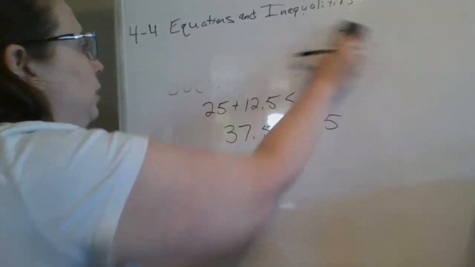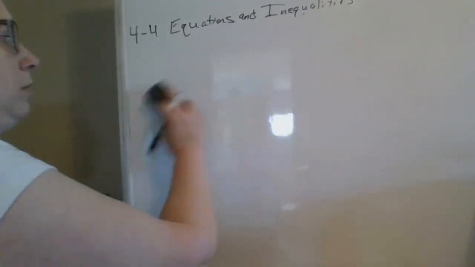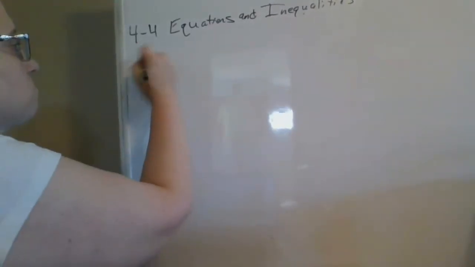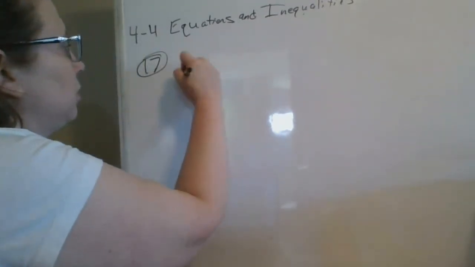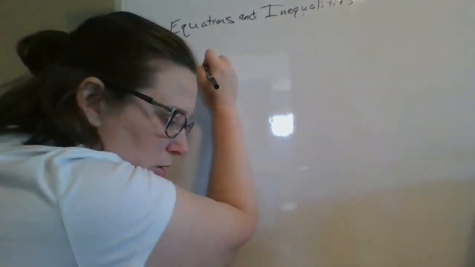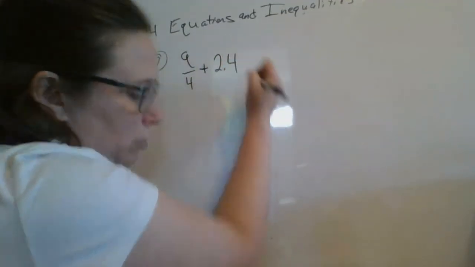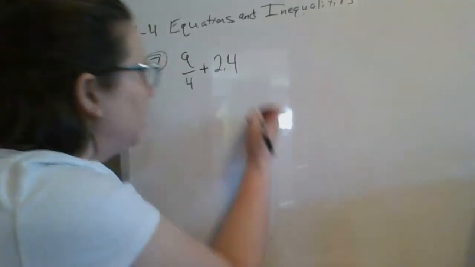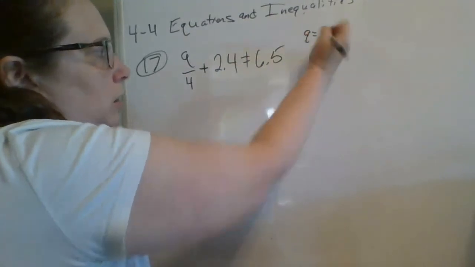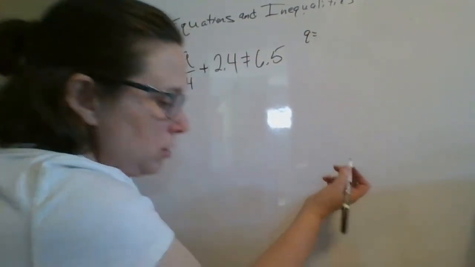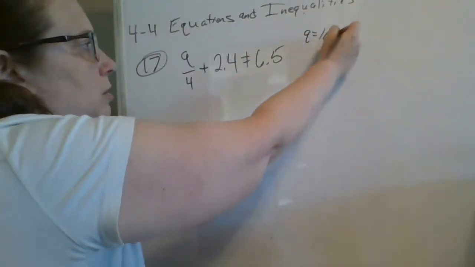The last one I'm going to do for you is number 17, which says q over 4 plus 2 4/10 is not equal to 6 5/10. And it tells us that q is 16 4/10.